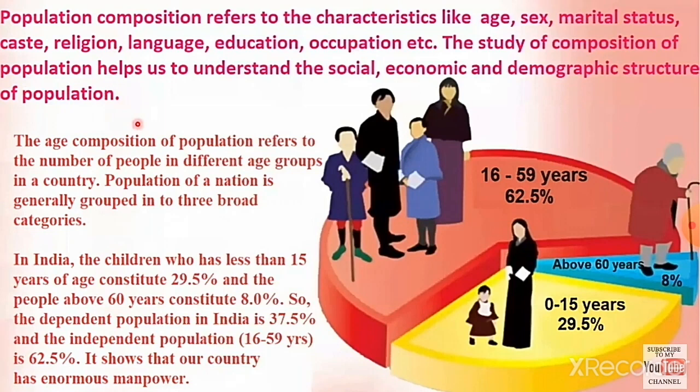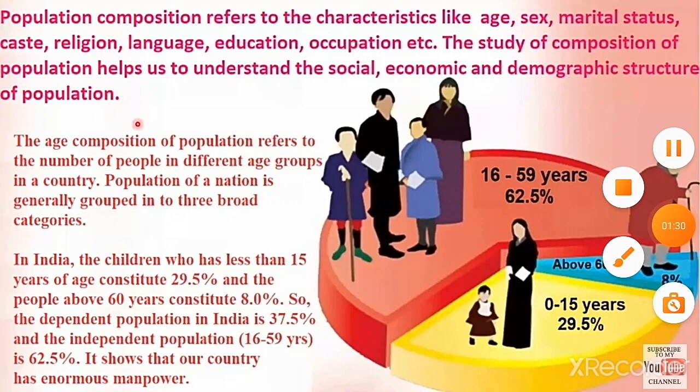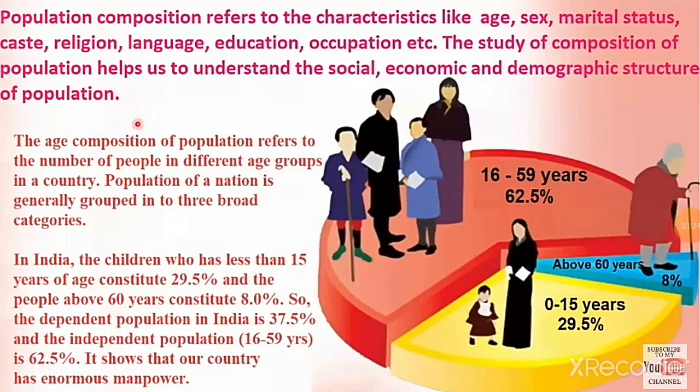The people who go to jobs come under 16 to 59 years. About 62% of people come under the 16 to 59 years group. It shows that our country has enormous manpower.